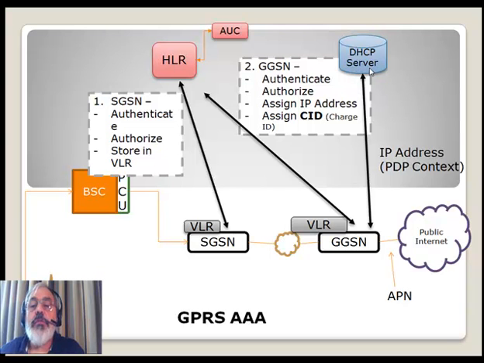It's important that you find out which one of those methods is used, and the IP address is assigned by the GGSN to the handset, along with a CID, a charging ID. The charging ID is similar to a CDR serial number. It's the number that ties all of the CDRs across the system together so that we can put together one event for the customer.